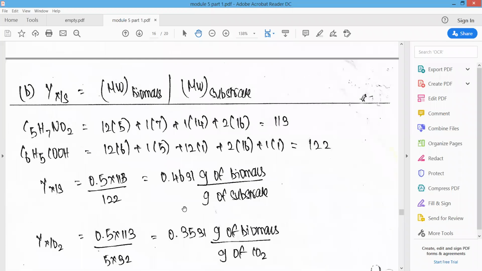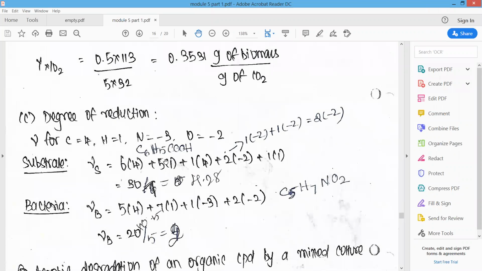So degree of reduction is 6 into 4 plus 5 into 1 plus 1 into 4 plus 2 oxygen, 1 into minus 2, plus 1 into 1. So you will get 30 by 7, since the total carbon atoms is 7. So 30 by 7, you will get 4.28.